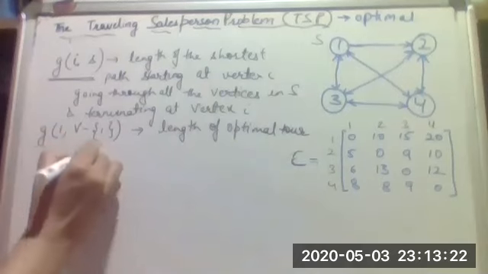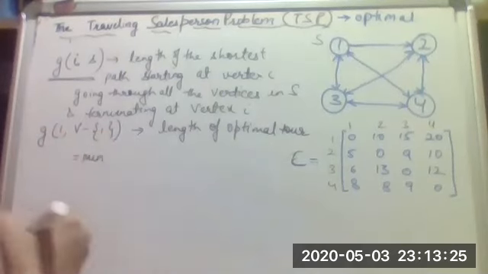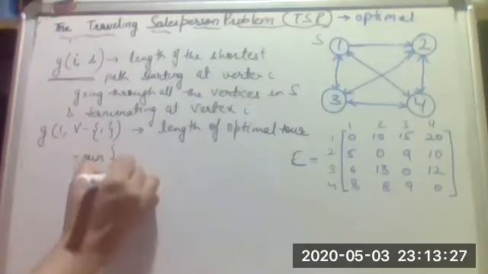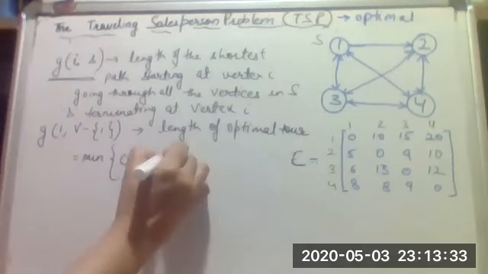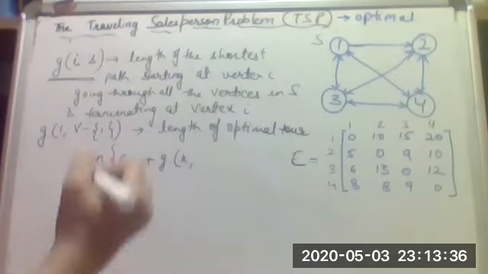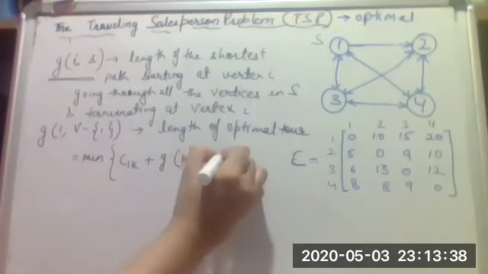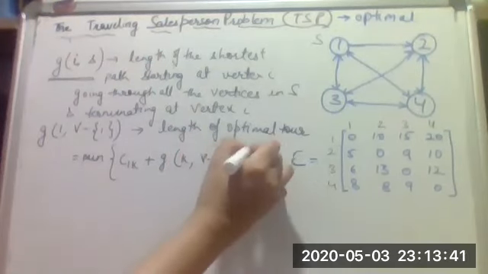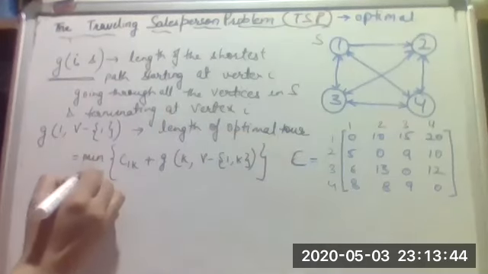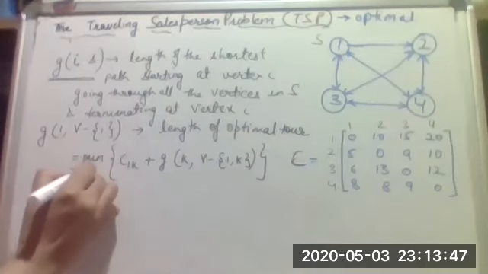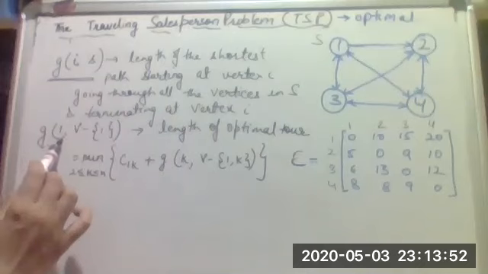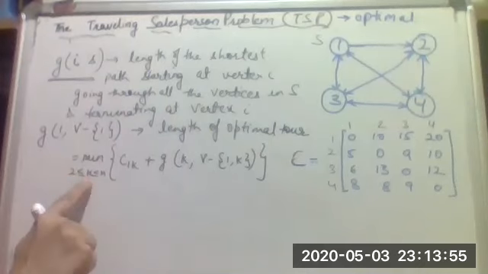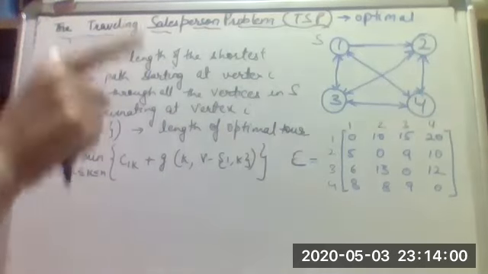So in terms of that, this is going to be equal to the minimum of C1k plus G(k, V minus {1, k}), where k goes from 2 to n. So if we are starting from a particular source vertex, the k value will be from the second to the nth vertex. So whichever is the minimum one.